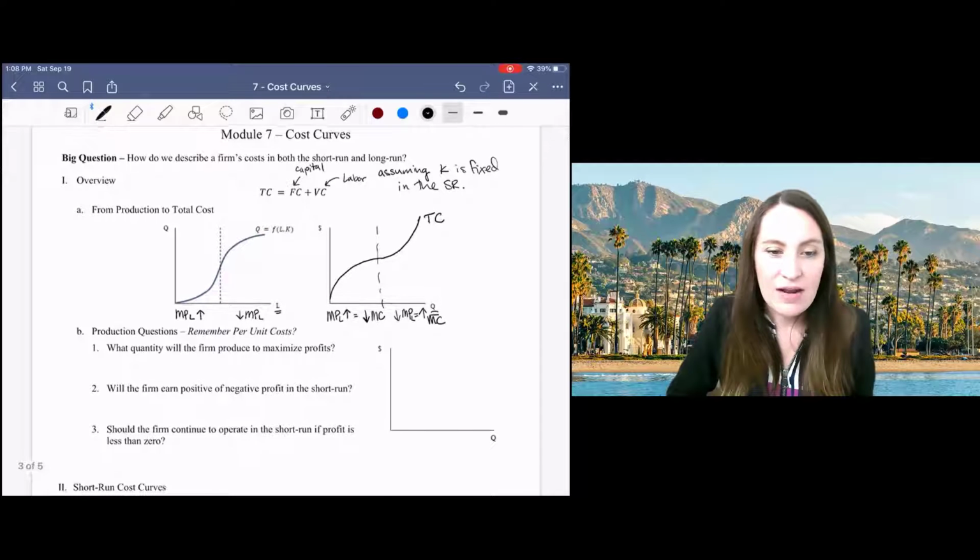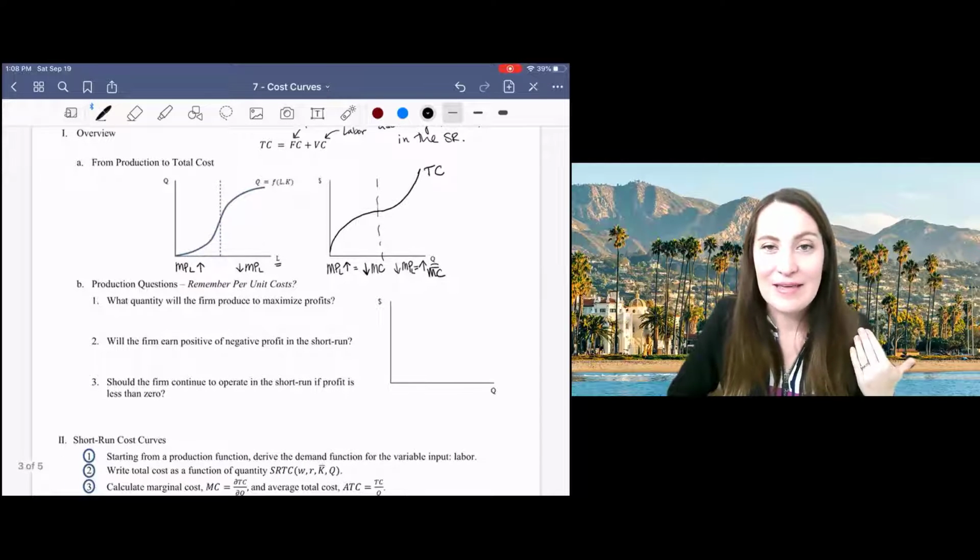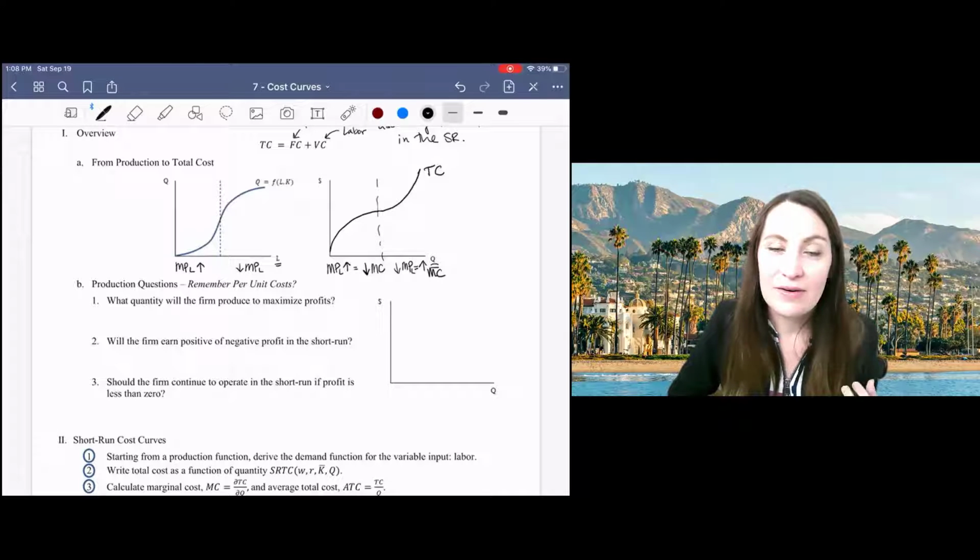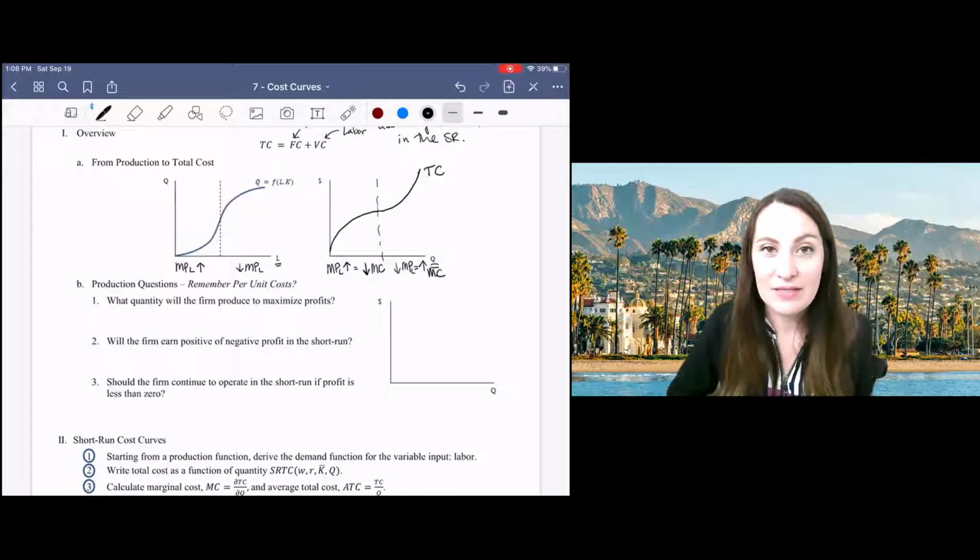And I'll remind you now that total cost is not the only cost that we're thinking about. We've already mentioned marginal cost is important, but I want you to recall from your intro class that there are a couple other types of costs that we can calculate to help us better understand a firm's behavior based on the cost functions relative to the firm's revenue.